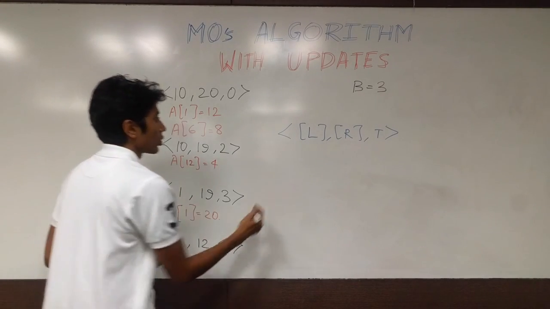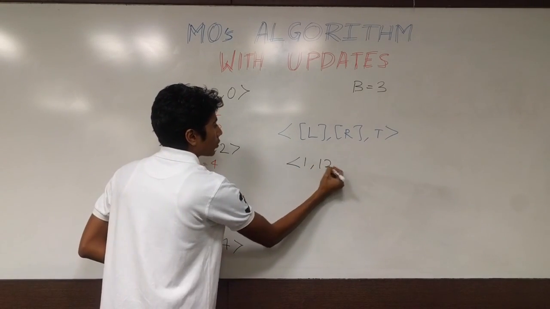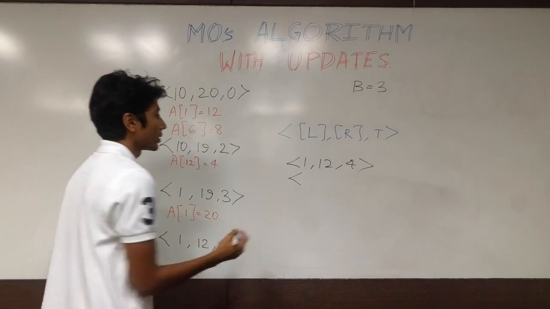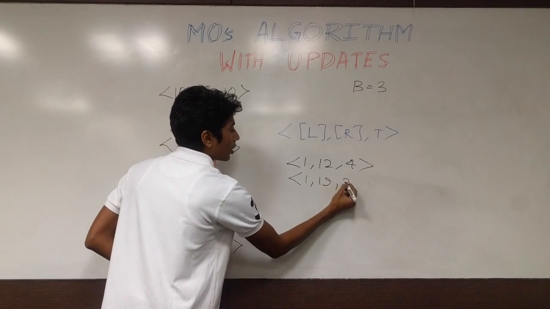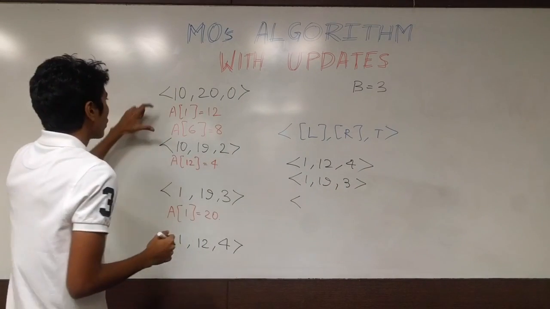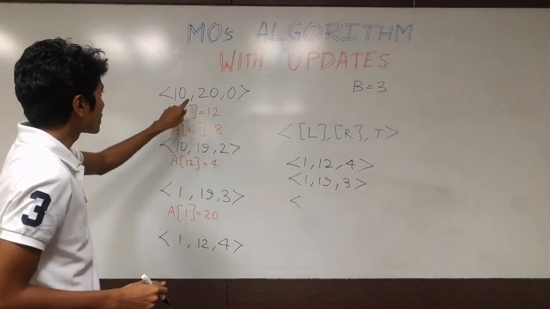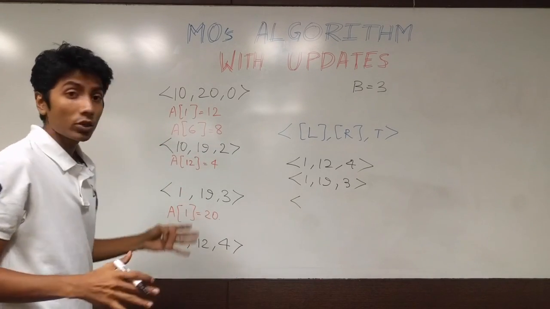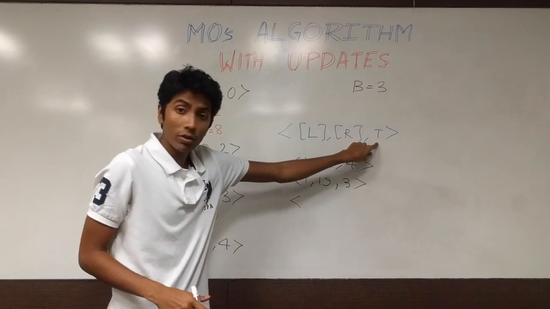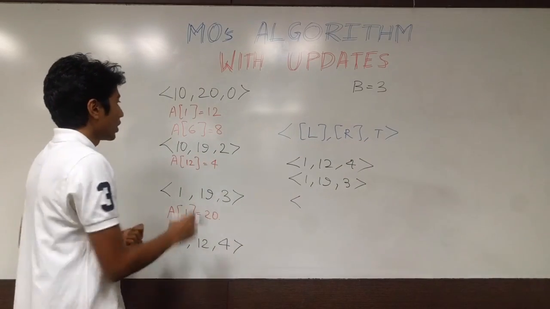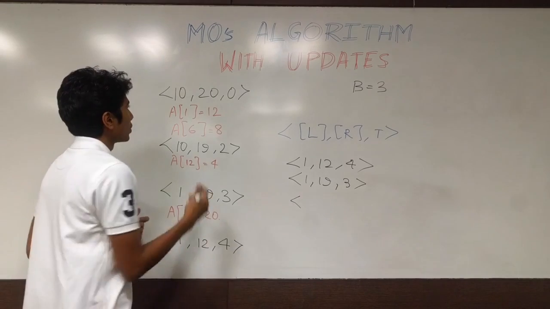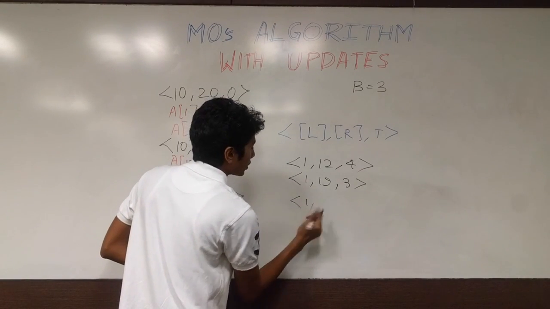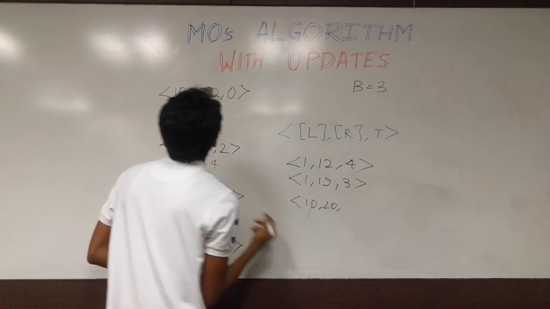Yeah, so this is the first query that we have. 1, 12, 4. Then we have 1, 19, 3. And similarly we have over here and over here. If you notice, the left block index and the right block index of both of these are the same. So we need to find some way to differentiate them using time. 2 is greater than 0, so we take this first. 1, it's 10. So 10, 20, 0.